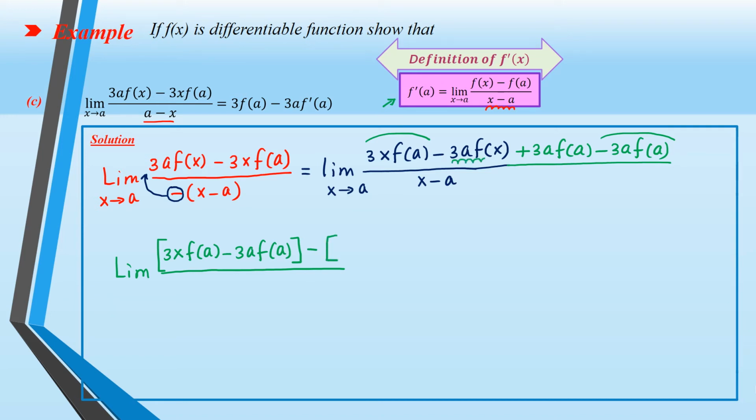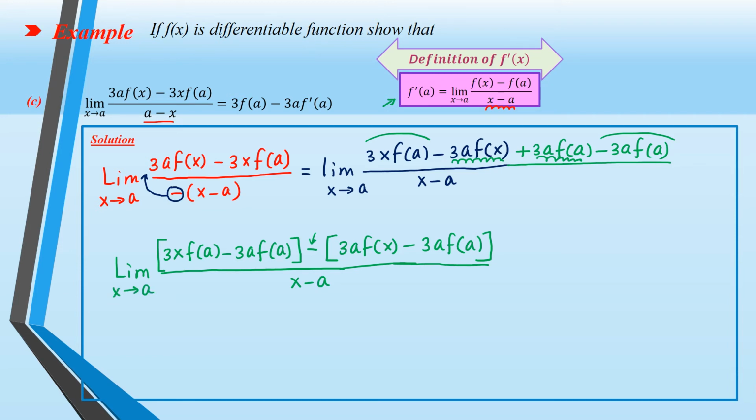We will group this one with this one, and pay attention, we have a negative sign here, so it will be 3a f of x minus 3a f of a, divided by x minus a when x goes to a.